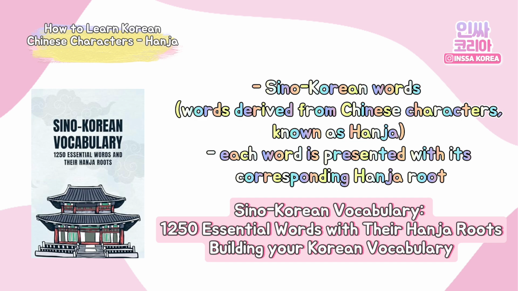The third book is called Sino-Korean Vocabulary, with 1,250 essential words with their Hanja roots to build your Korean vocabulary. Even if you're an advanced learner, you'll find this book quite helpful to improve your Korean vocabulary and fluency. In this book, each word is presented with its corresponding Hanja root.